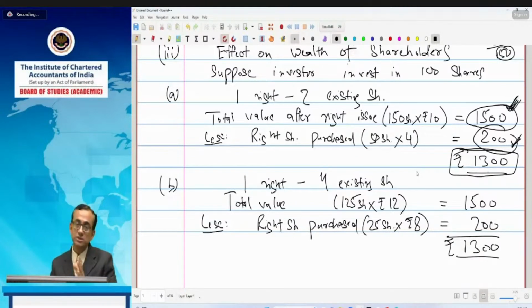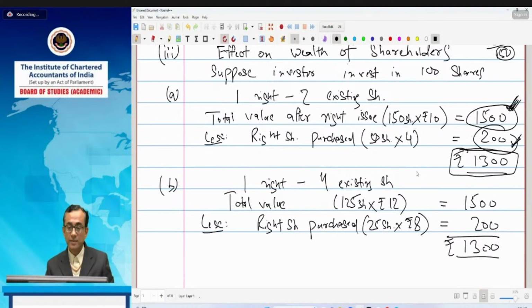So we are supposing that the investor is holding 100 shares. For 100 shares, he will be receiving 50 shares, right? So total shares now will be 150. So 150 multiplied by 10, the theoretical ex-right price which we have calculated, is the total value now, 1500.